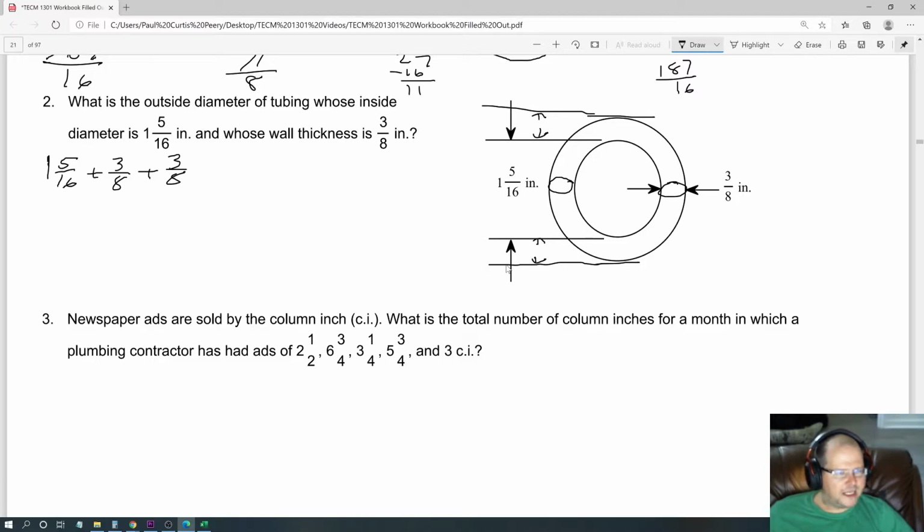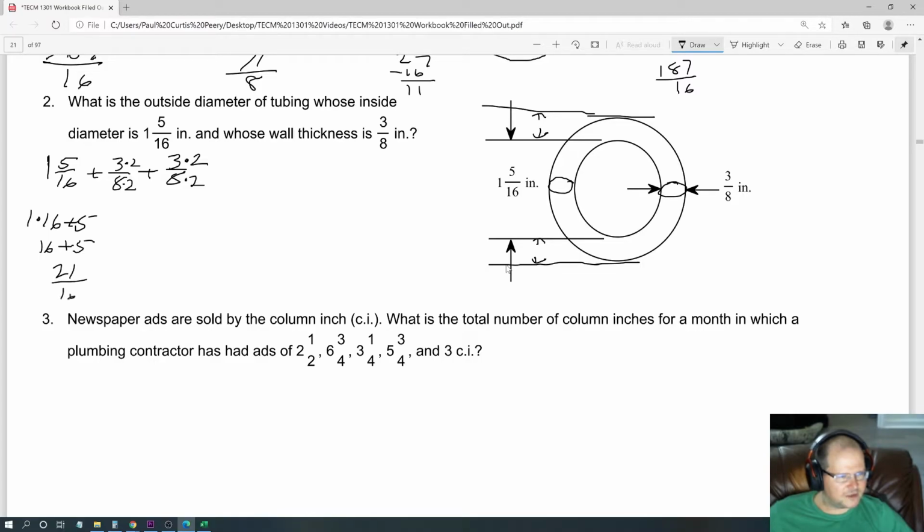Now we can't add these together because we don't have like fractions, so I'm going to multiply this by 2 and this by 2. The least common denominator between an 8 and a 16 is a 16. So multiply that by 2, multiply that by 2. And I'm going to convert my 1 5/16 to an improper fraction by multiplying 1 by 16 and adding 5. 1 times 16 is 16. 16 plus 5 is 21.